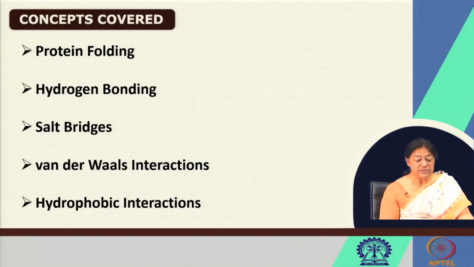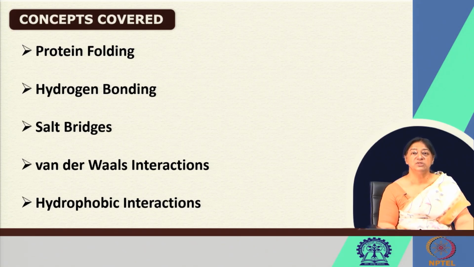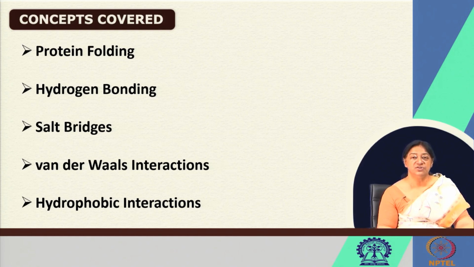So, what we looked at is general protein folding, the process that brings the amino acids that are linked in the primary structure to form the secondary structure, then the tertiary structure forming the native three-dimensional unit of the protein.